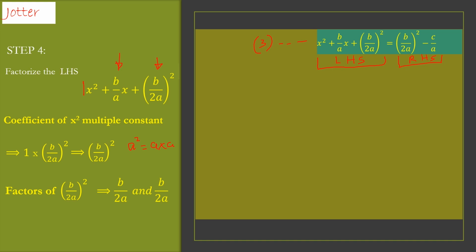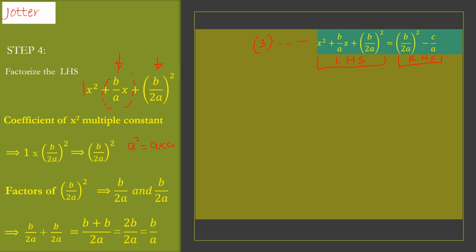However, if we do b over 2a plus b over 2a, we will see that we are going to get b over a. That is, b over 2a plus b over 2a will give us b plus b over 2a, which is 2b over 2a, and that gives us b over a. With this known, we can now split the x here into 2.